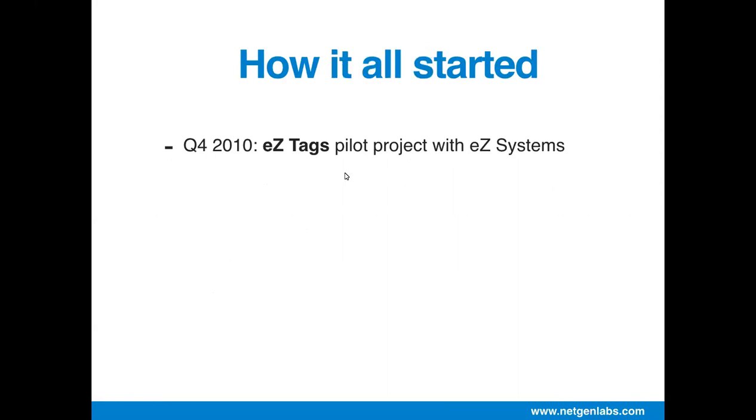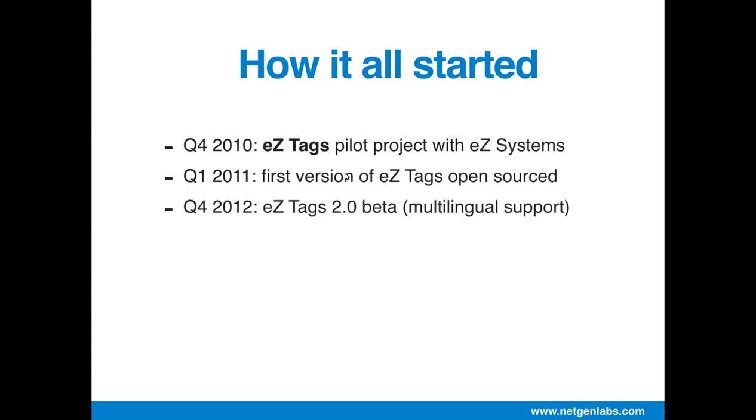It was an extension for the legacy eZ Publish, we call it legacy now, and back then it was version 4 something. In Q1 2011 we released the first version of eZ Tags. In Q4 2012 we released eZ Tags 2 beta, and the main feature was multilingual support for tags.